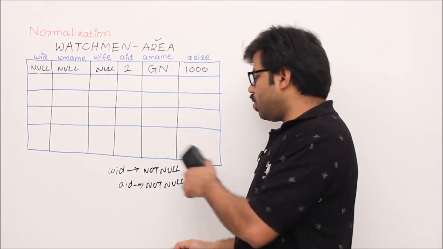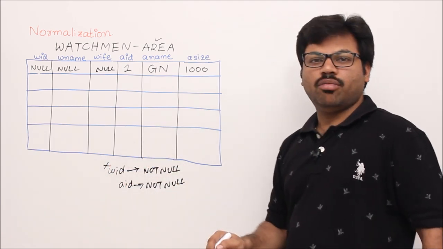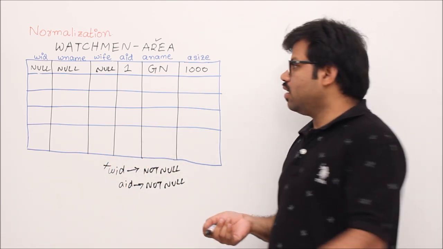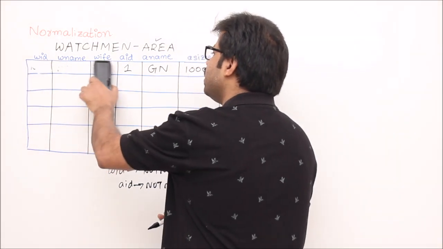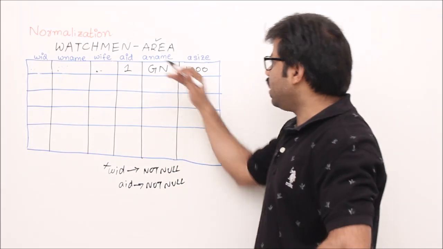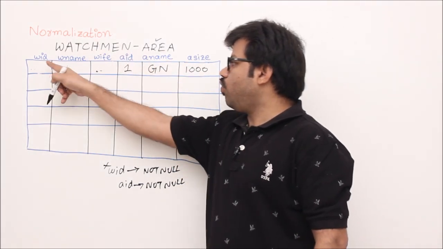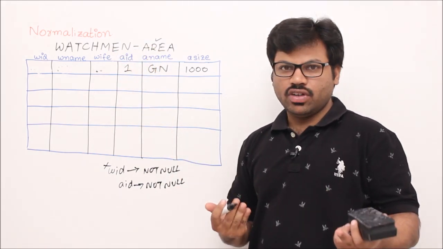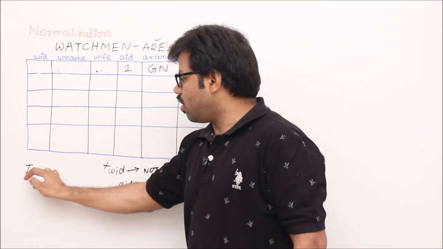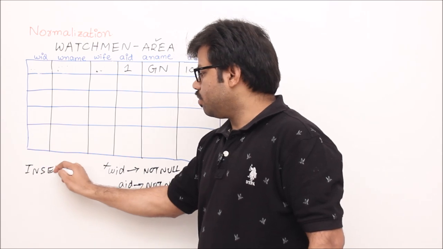To avoid this problem, you could change this constraint, but that's not a good idea. That's why I say there is a problem. This is called insertion anomaly. That means while inserting some data, you have to forcefully insert some other information which you don't have.